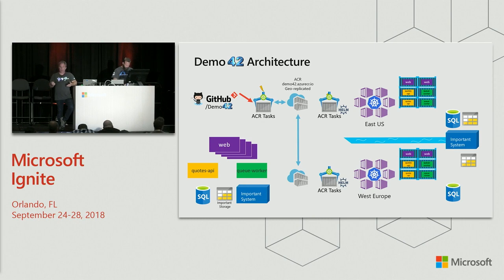If you're running in West Europe, you don't want to pull from East US. It's slow. You want us to do the geo-replication for you. We have a webhook that will pop when the pushed image arrives in West Europe, and then you can do your deployments there. In this case, I had another demo with localized quotes, but we'll skip that.